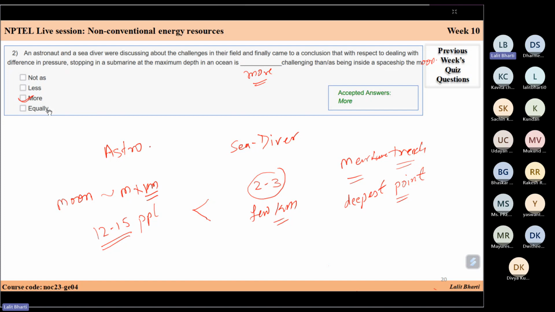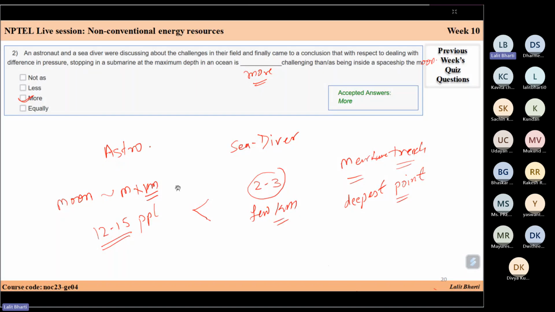So it is just comparing a sea diver to an astronaut. We know that the pressures are very high, even a few kilometers from the surface inside the sea. So it is much more challenging for a sea diver to go beyond, let's say, 2-3 kilometers.